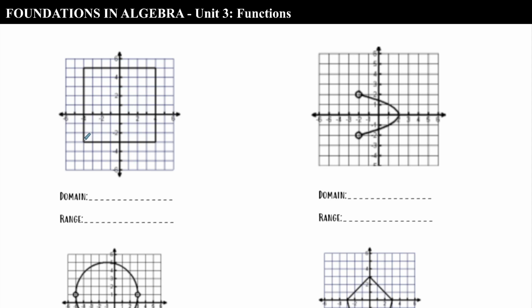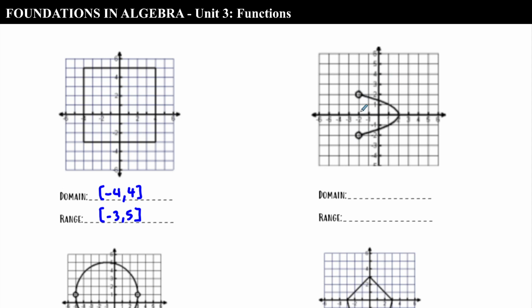Here we have another square, another box. The domain goes from -4 to 4. And because we have a solid line on each side, we include it with a bracket. Here we're going from -3 to 5. And again, we are including our ends.